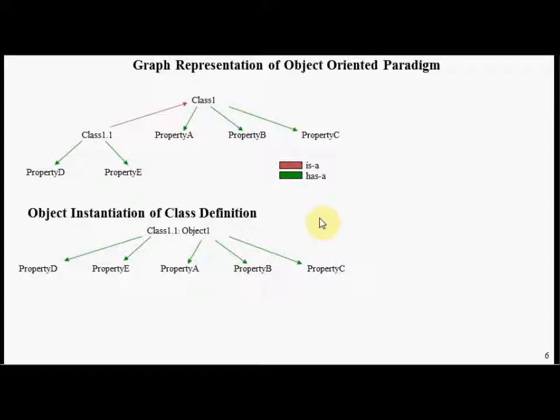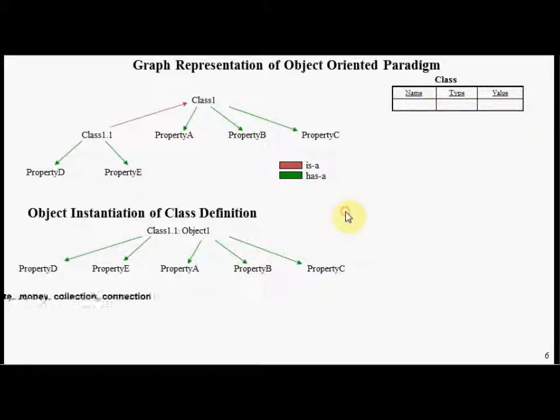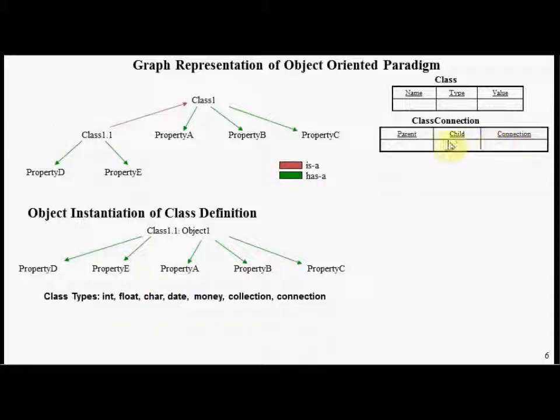Okay, now let's look at the relational tables needed to support this paradigm here. So we have the notion of a class table here, which represents the nodes of our class graph. It's basically a name-value pair, and we have a type column here, and legal type values. This represents basic class types here. We have a class connection table of parent-child nodes here, and a connection type here.